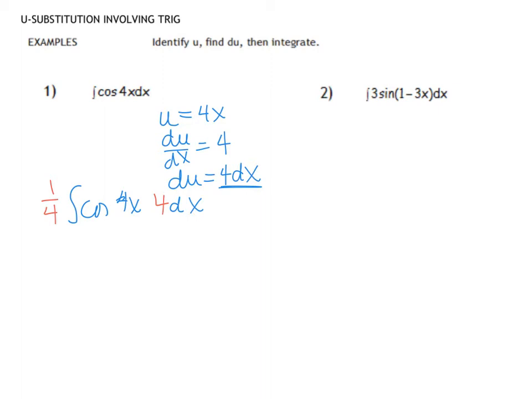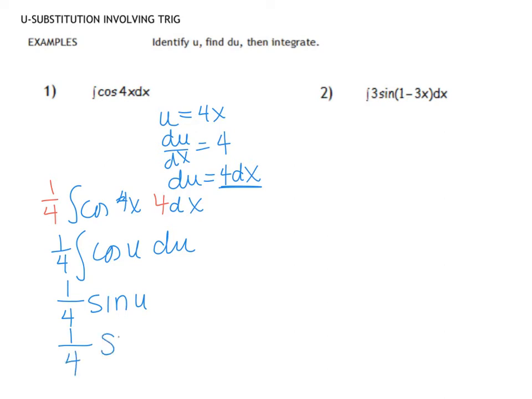So if we rewrite this, we have 1/4 cosine u du. The integral of cosine is sine, so we end up with 1/4 sine u. We're going to substitute back, so this will be sine 4x and then plus c.